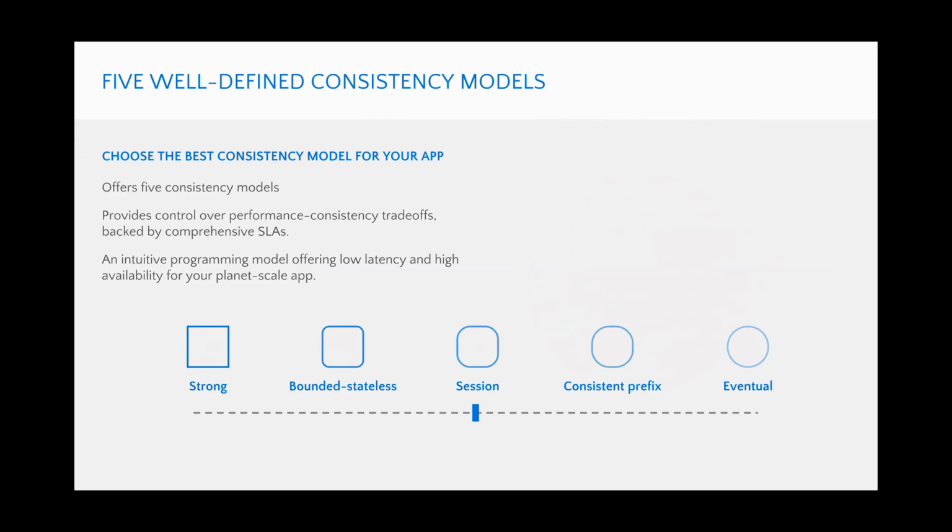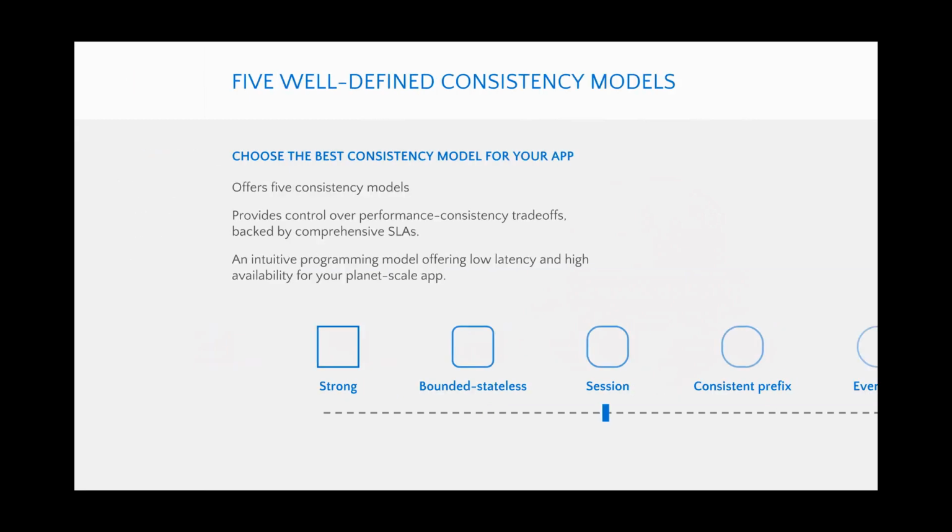And we have options in the middle. So databases like DynamoDB or other databases in the cloud only offer limited options in terms of consistency, whereas we offer a range of options to optimize the database consistency to your application needs.